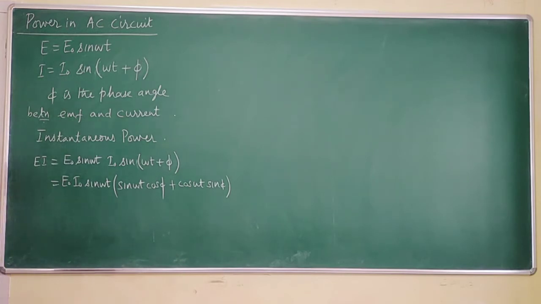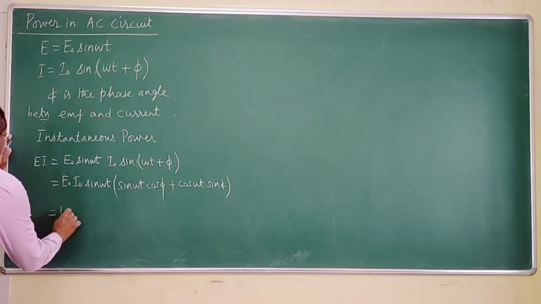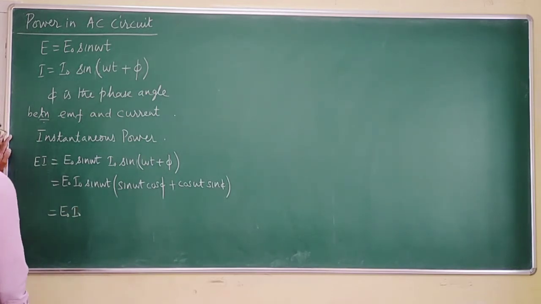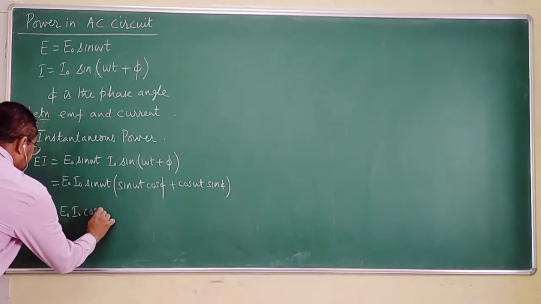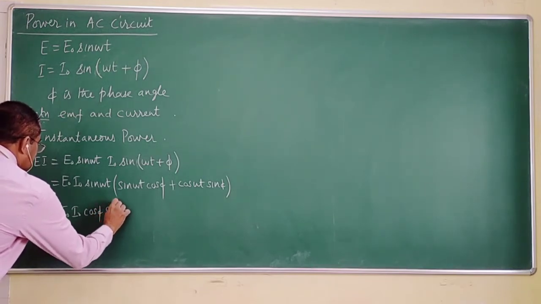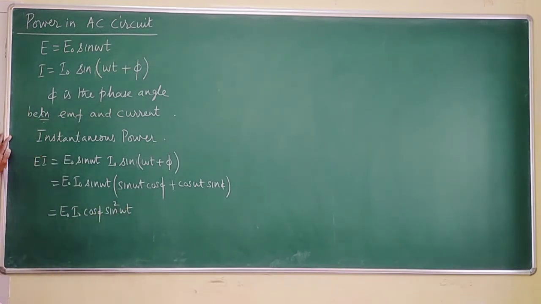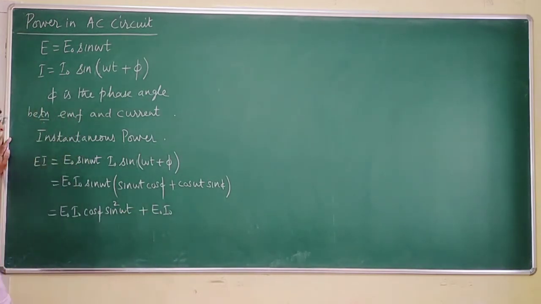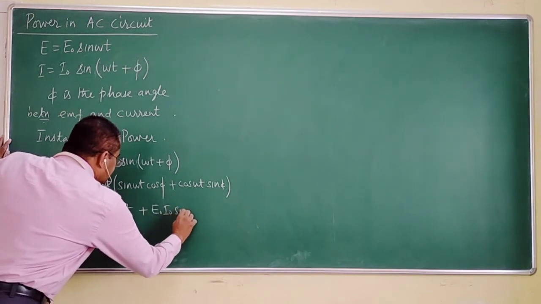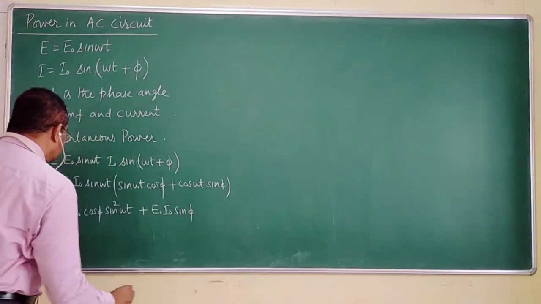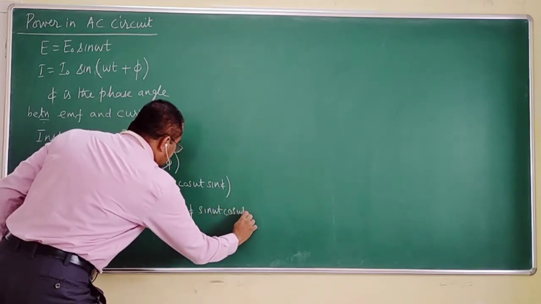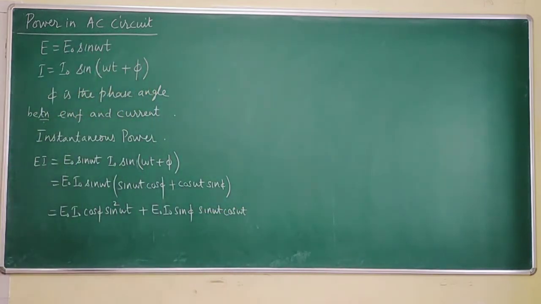Now, this can be written as equal to E naught I naught cos phi into sine squared omega t plus E naught I naught sine phi into sine omega t cos omega t. No harm doing like this, sir. Okay, just multiply.